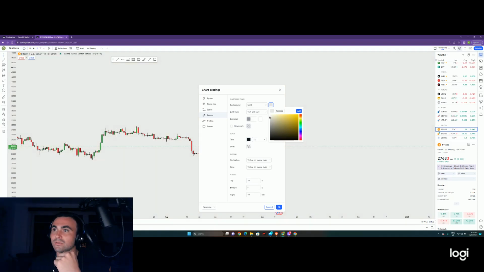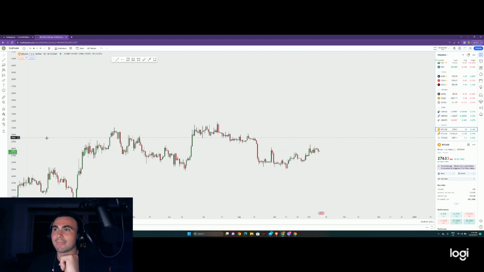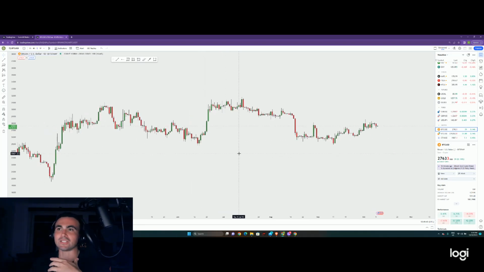Or even just a grey. Once you add that colour, it will pop in as a separate tile down the bottom here. We will favourite that. And now we have a much nicer looking chart in my opinion. I can clearly see where the support and resistance levels are. And we haven't even started using trend lines, horizontal rays, or rectangles to find order blocks.